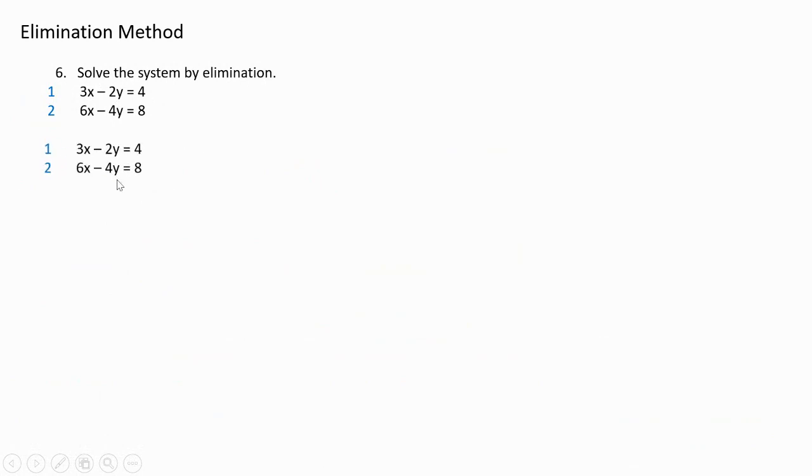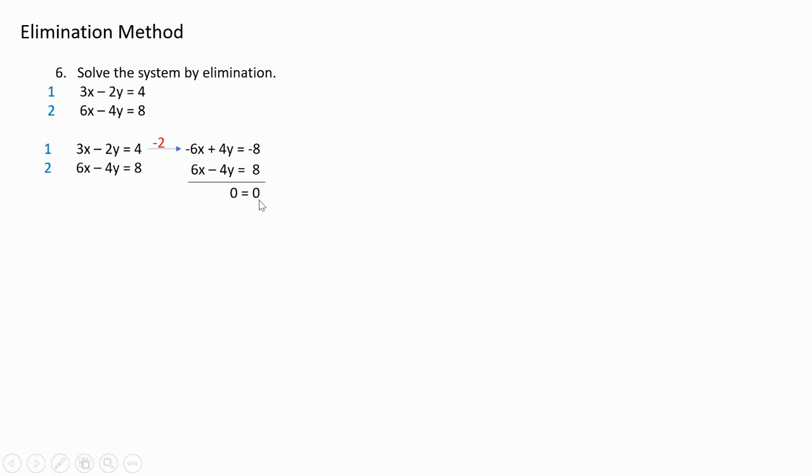So here, guys, I'm going to get rid of the x's. So multiply row 1 by negative 2. That gives us negative 6x plus 4y equals negative 8. And then equation 2, we just bring it over. If we do the addition, the elimination method, it's going to give us 0 equals 0.